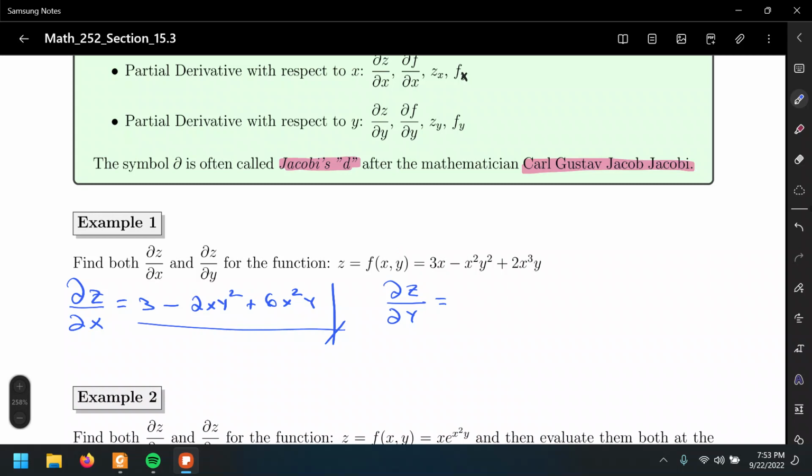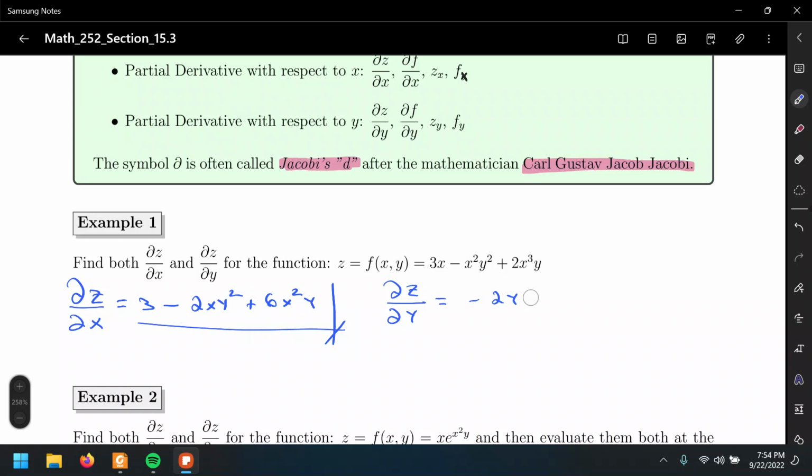So what's the derivative of 3x? In this case 3x is constant. What's the derivative of a constant? 0, right? Because we're differentiating with respect to y, so x is constant. So this is 0. Now, what's the derivative of y squared? 2y times x squared. All right, x squared is just a constant multiple in this case.